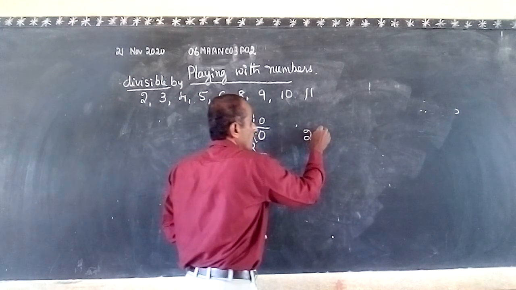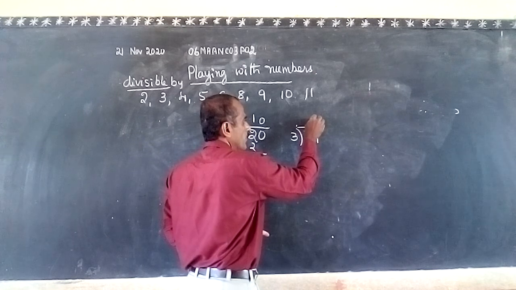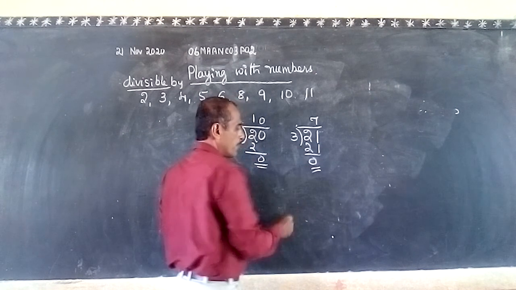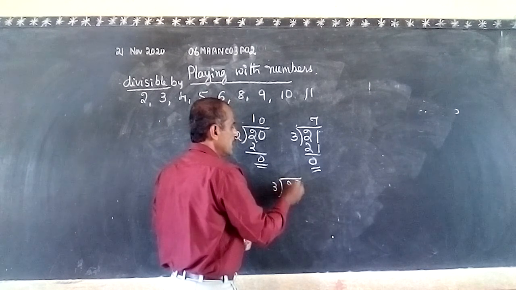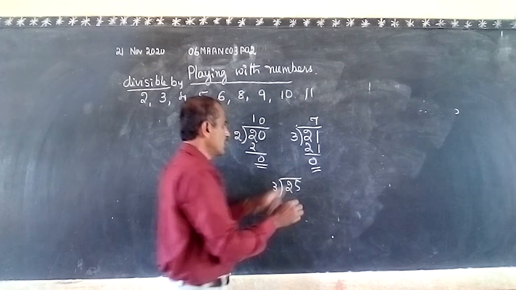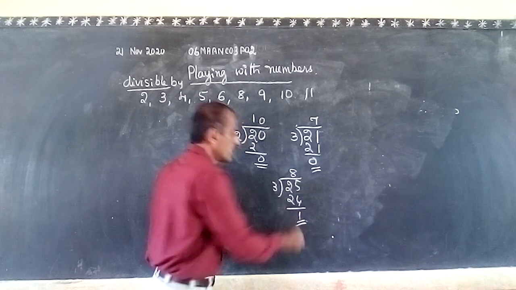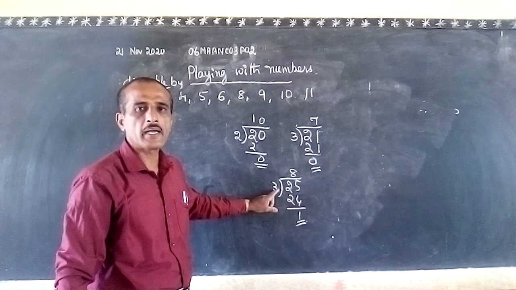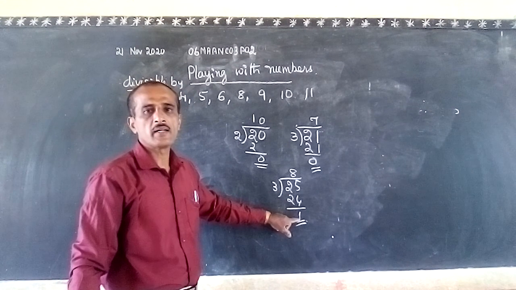Is 21 divisible by 3? Yes, 3 sevens are 21, the remainder is 0. Is 25 divisible by 3? 3 eights are 24, one remainder. 25 is not divisible by 3 completely because it leaves a remainder 1, isn't it?